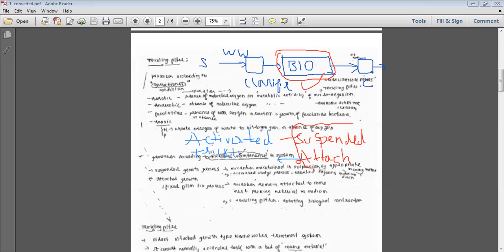I'm just revising what I did in the last class on the board. These two principles are widely used: the activated sludge process for the suspended method, and the attached growth system. Before that, I will erase a few things here.